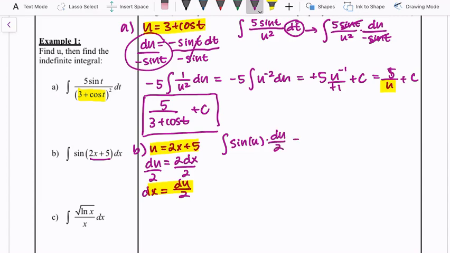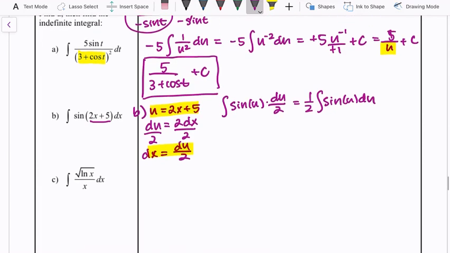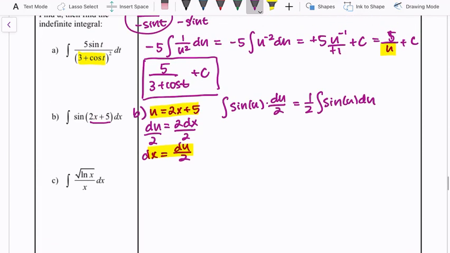So I'm going to pull that 1/2 out in front of my integral, and I just have the integral of sine of u du. Everything matches. We're all in terms of u, so we're good to start anti-deriving. So this will be equal to 1/2. And then let's think, what function gives us a derivative of sine?